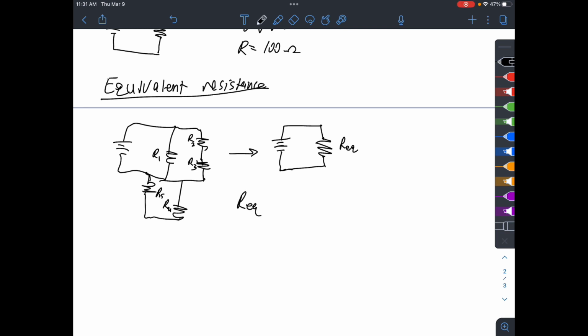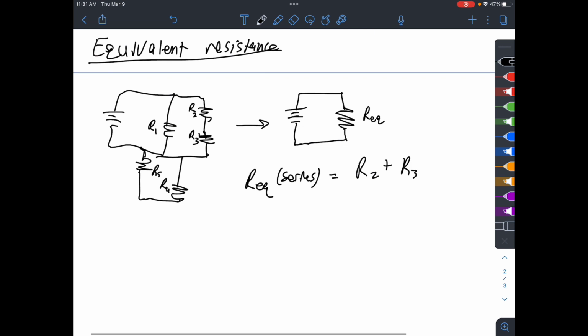This will probably take a couple steps for you to calculate if you need to. R equivalent for components in series, so that would be like R2 and R3 I could do this for. It's just the sum of the resistances. It's not too bad. So in this case, we're talking about R2 plus R3. And then let me just get rid of this to make this a little bit easier.